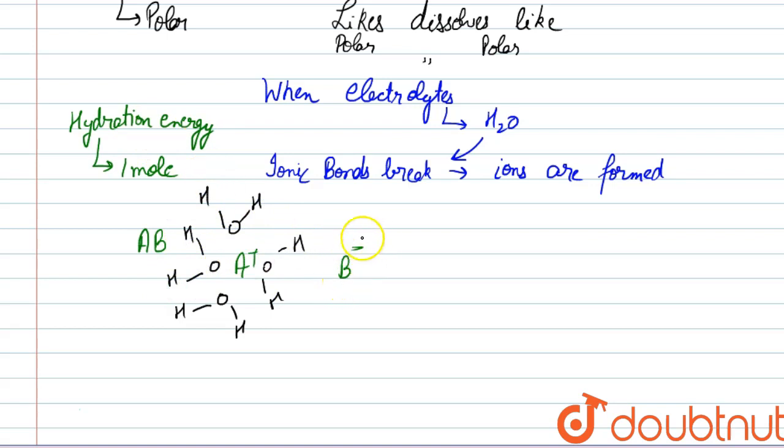In the case of B negative, it will be HOH, because here is the positive part and oxygen is the negative part. They will attract each other, and here negative part will attract the positive part, that is H part. So it will be like this, and so on. So this will be the hydration, and hydration energy is released.